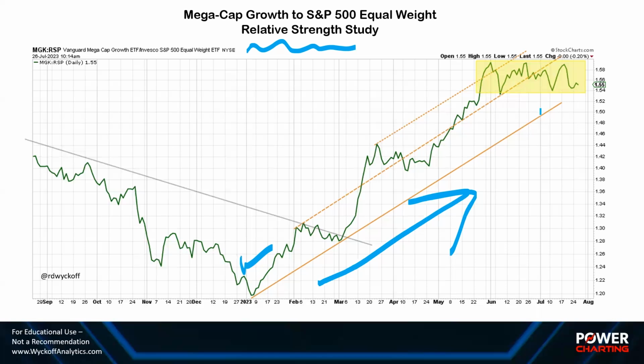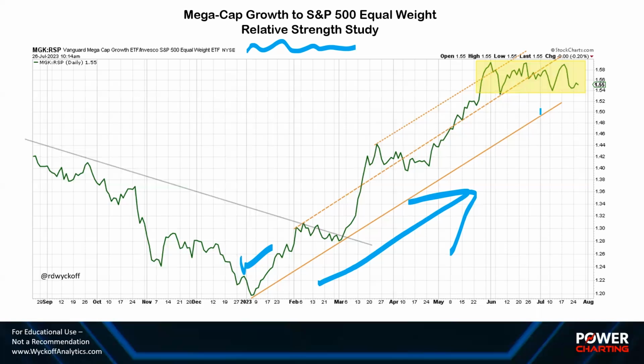Is this reaccumulation? Potentially. But the one thing we can conclude is that the average S&P 500 stock, because these are equal weighted, every stock, all 500 stocks carry approximately equal weight in that ETF.